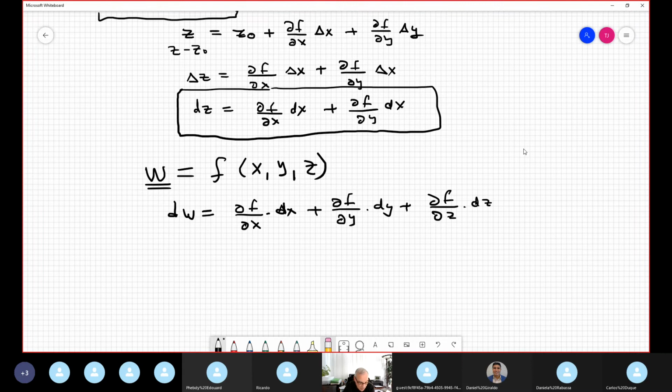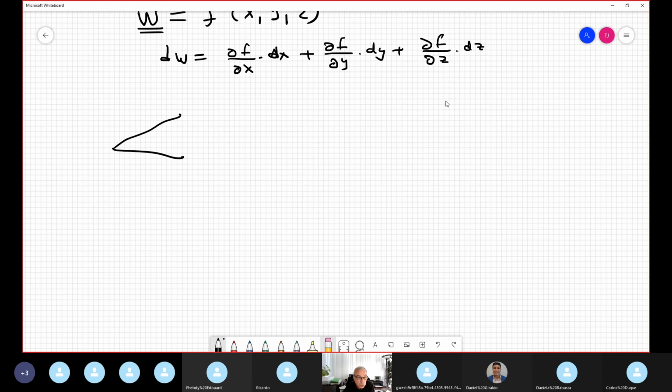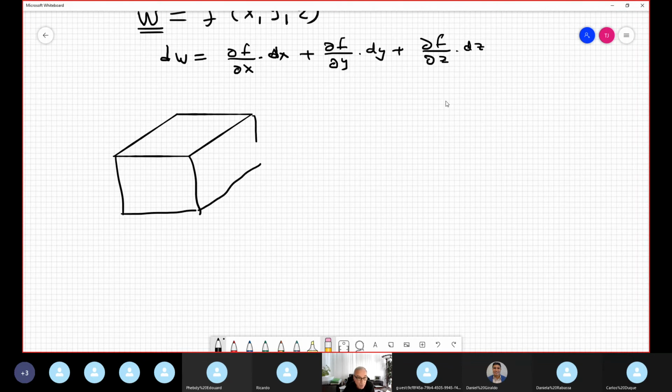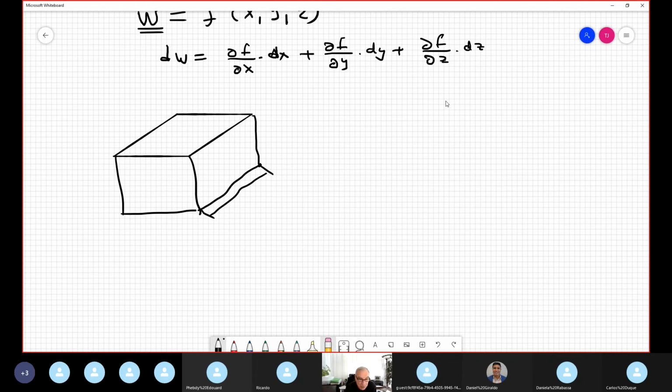Okay, to understand this much better, I put an elementary example, and you see very clearly the idea and the application of this. Suppose that we have a box. And the actual dimensions for the box: this is the length, capital L, is 80 centimeters.